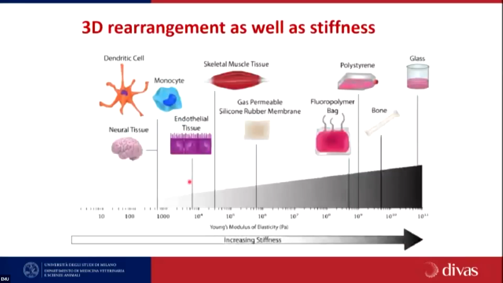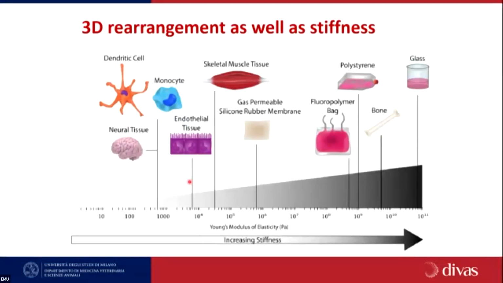Of course, a very important thing is the stiffness of the scaffold we select. The accumulating data are clearly pointing to the fact that each tissue in the body has its own stiffness. When we deal with a neural system, we are dealing with a certain stiffness.